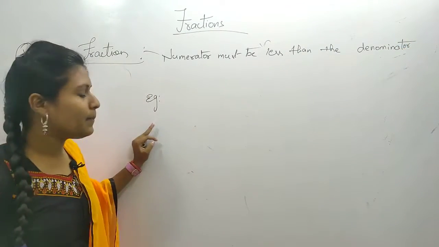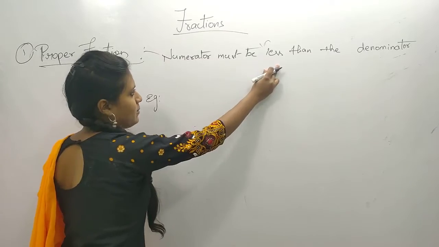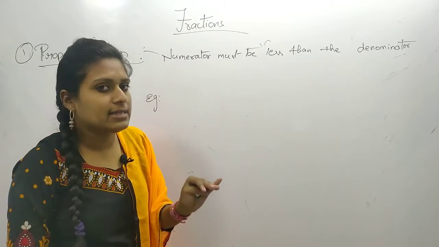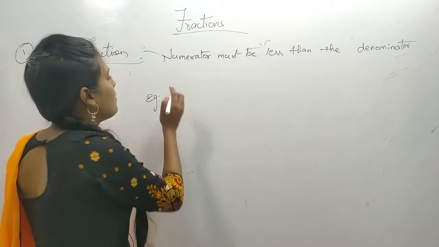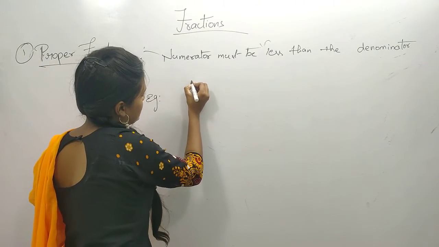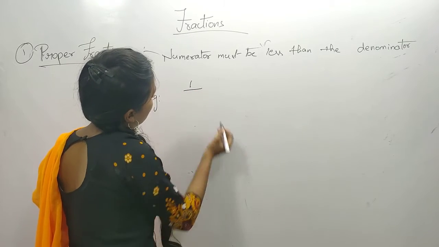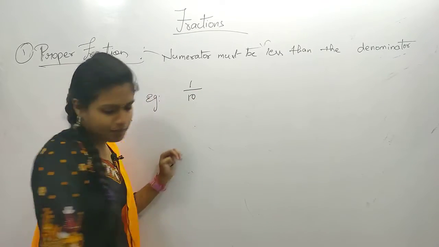Let's take an example. The numerator must be less, meaning small, than the denominator. Let's take 1 as the numerator and the denominator as 10.